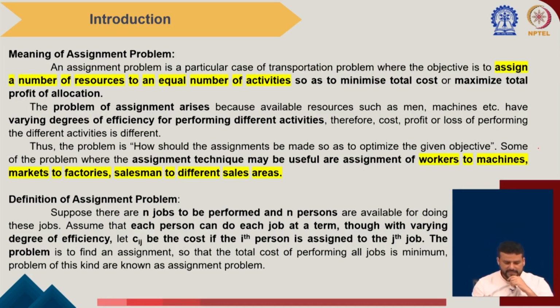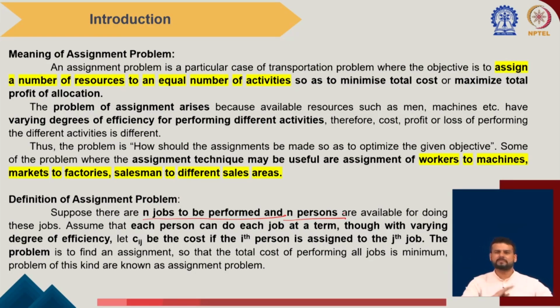So if we have n jobs to be performed and n persons available, another very important point is that the number of tasks should be equal to the number of allocations, whether we are allocating to people or to machines. Before doing the allocation, we should know the cost if I assign job A to person 1, or to person 2, 3, 4, 5, all the available manpower.